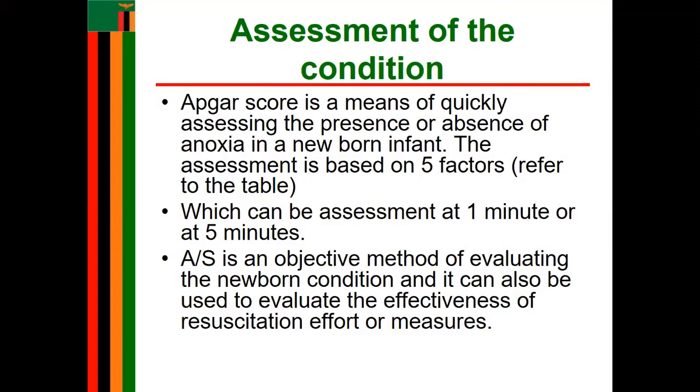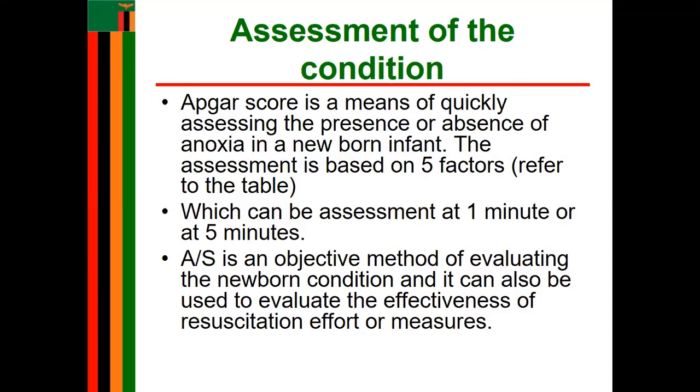When it comes to assessing asphyxia neonatorum, you use the APGAR score, which is just a means of assessing the presence or absence of anoxia in a newborn infant, meaning lack of oxygen.